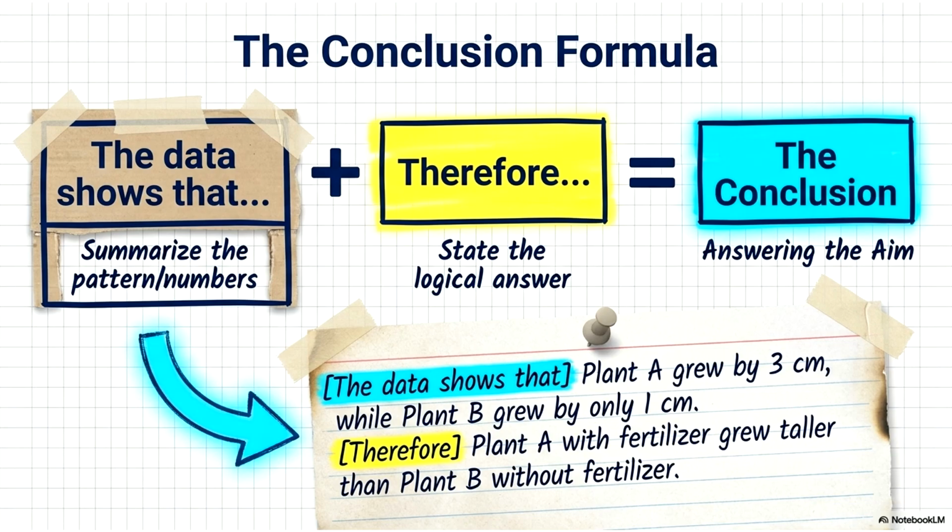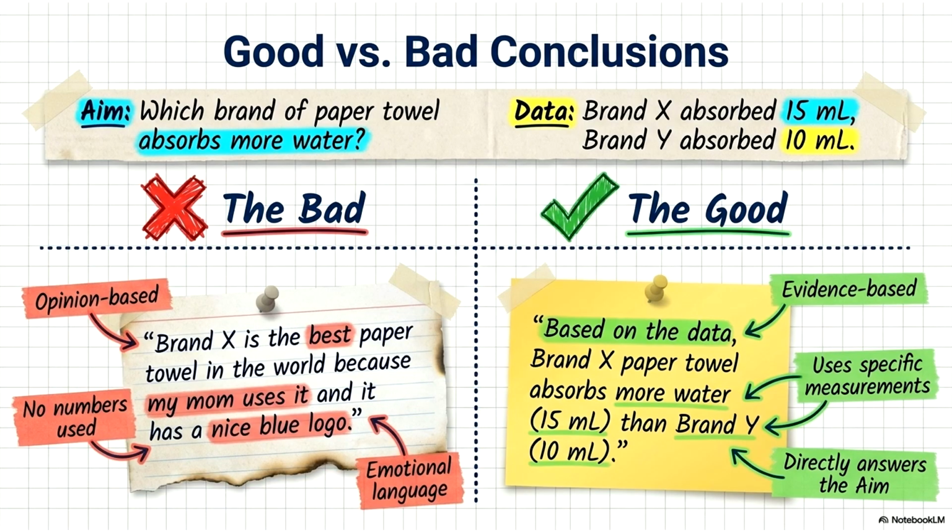Now, let's compare a weak conclusion and a strong conclusion. A bad conclusion is based on opinions or feelings. For example, brand X is the best paper towel because my family likes it. This is not scientific because it does not use data.